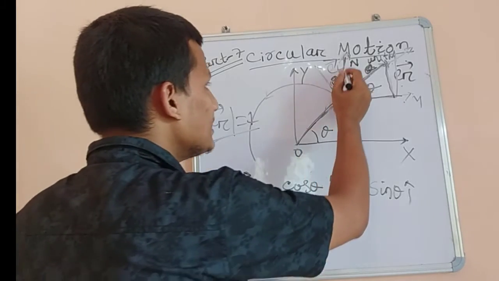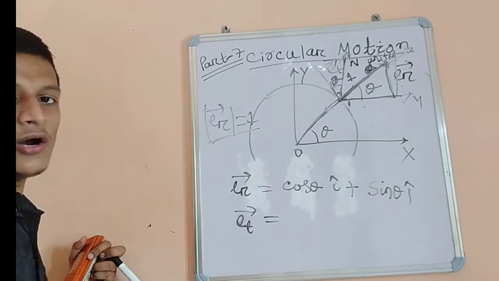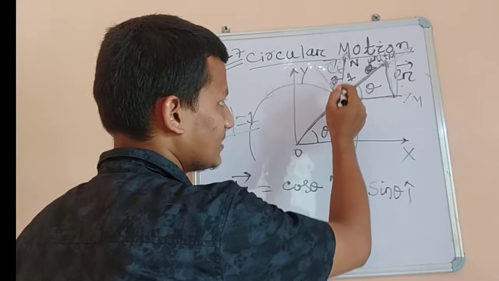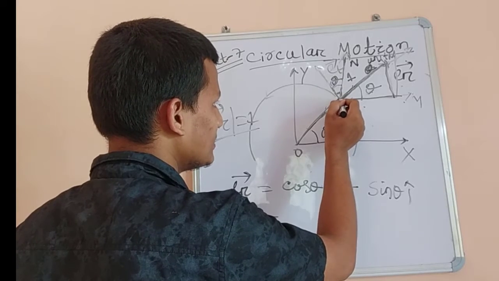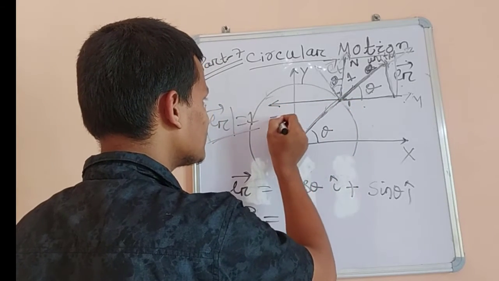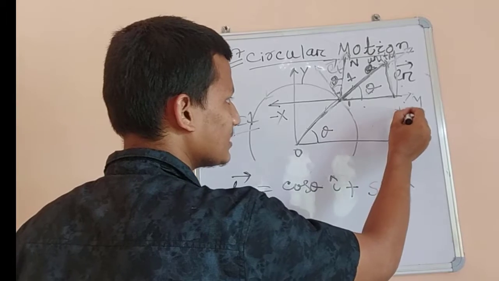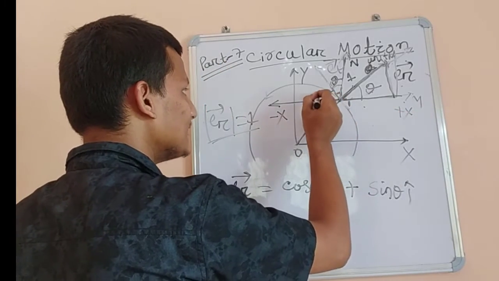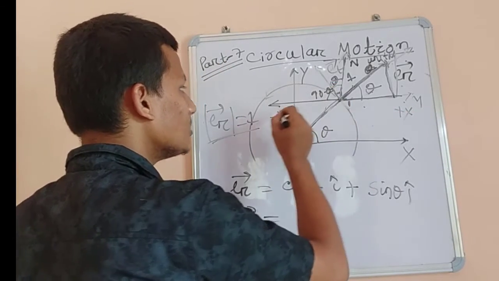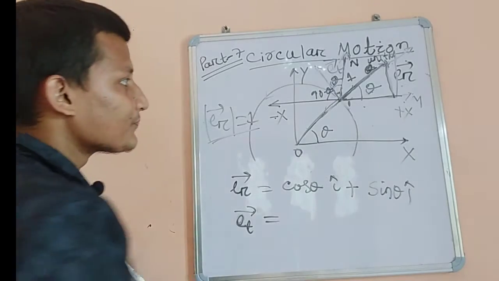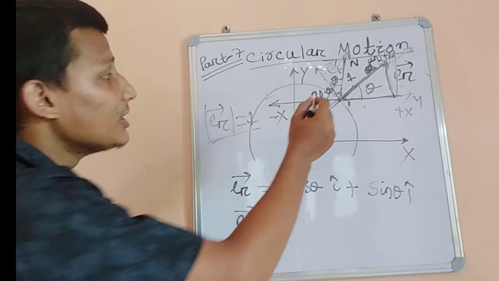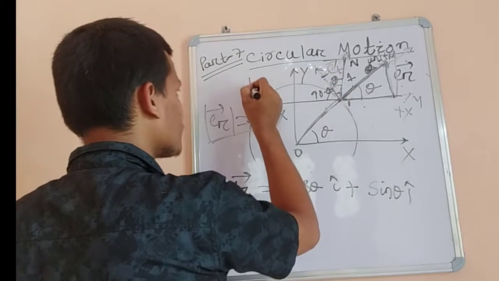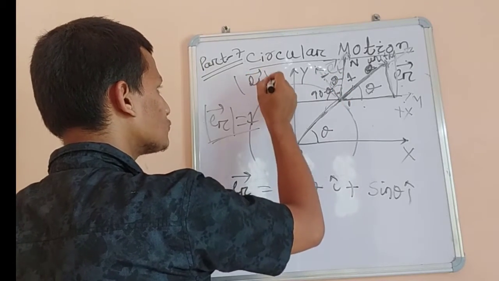So the ET vector is making angle theta with respect to the y-axis and making 90 minus theta with respect to the negative x-axis, if I extend it like this. This is our negative x-axis, this is our positive x-axis. This is a unit vector, so the ET vector magnitude is also 1.